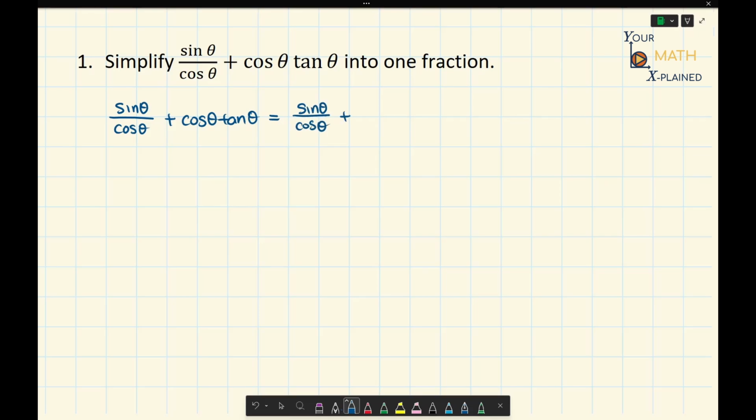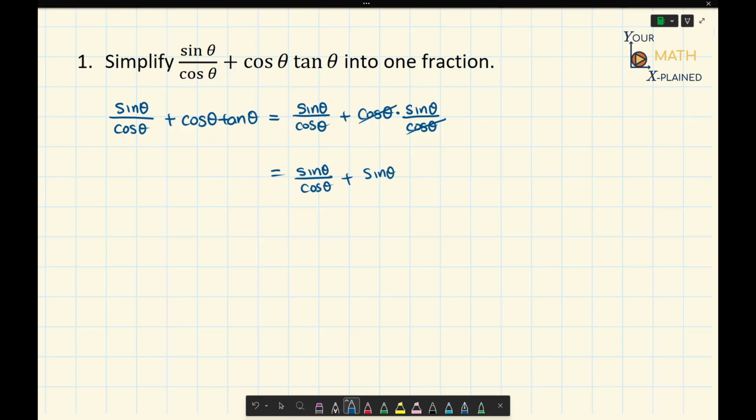We're not doing anything with that. And then we have our cos theta multiplied by sine theta over cos theta. And now we can see we have a cos theta on top and a cos theta on the bottom, which will cancel out. So that means we're left with sine theta over cos theta plus sine theta.